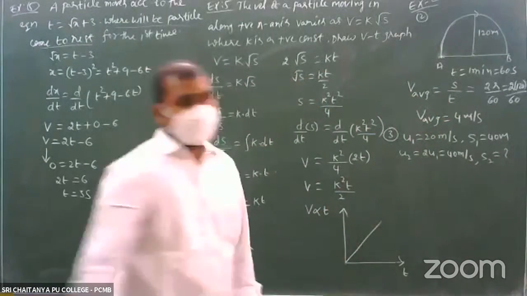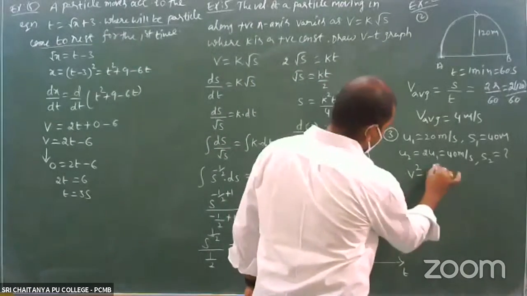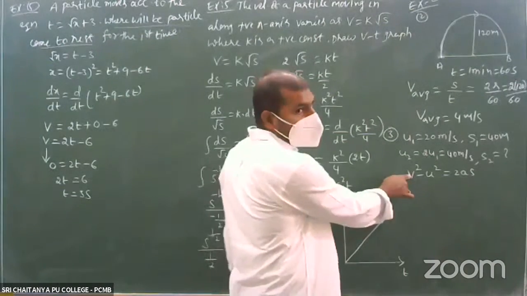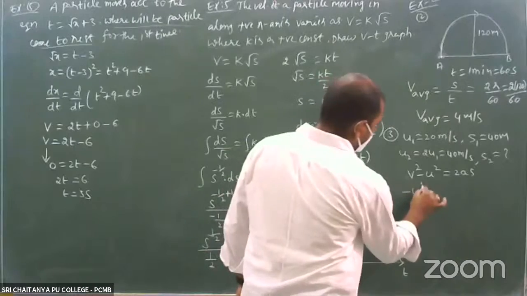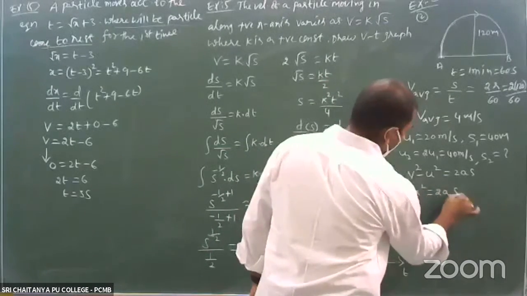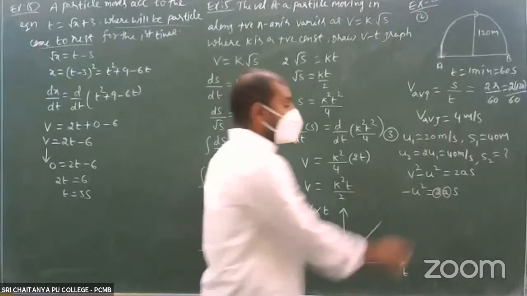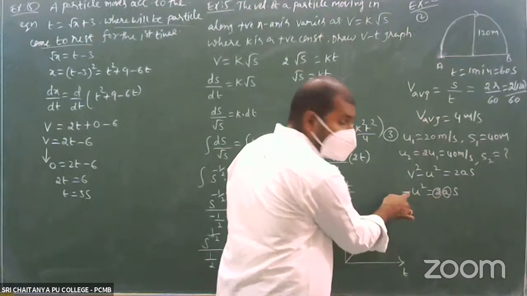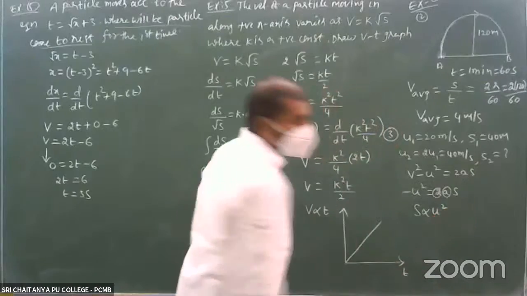In both cases, final velocity is 0. Use the equation v square minus u square is equal to 2as. v is 0 here because the car is coming to rest. So minus u square is equal to 2as. Here 2 is constant, and a is also constant. Retardation means a is negative, and the negative gets cancelled. So s is proportional to u square.